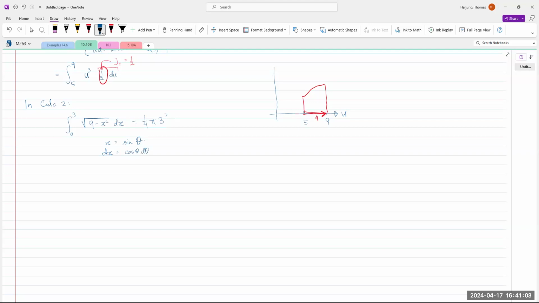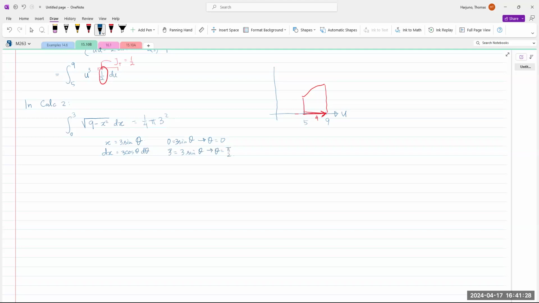Now, when x equals 0, what is the theta? The theta is 0. And when x equals, I'm sorry, it should be 3 here, when x equals 3, then theta will be pi over 2.